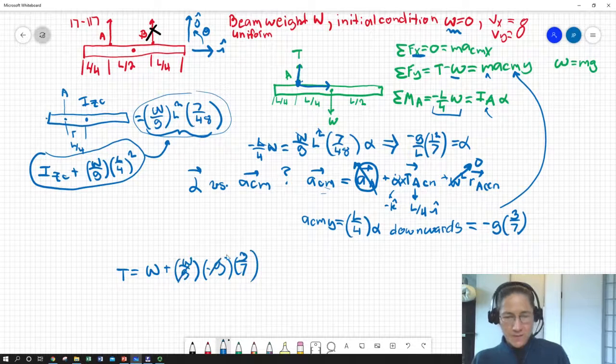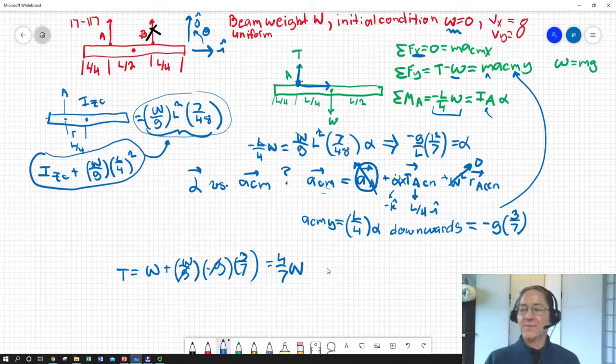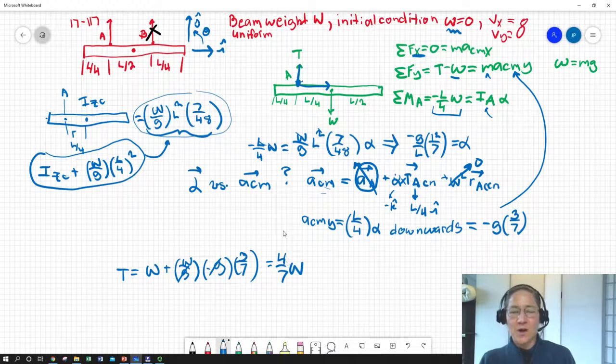The g's cancel, and we end up just getting 4/7 times W at that instant. Definitely doesn't stay that way, but that ends up being the answer to the problem.